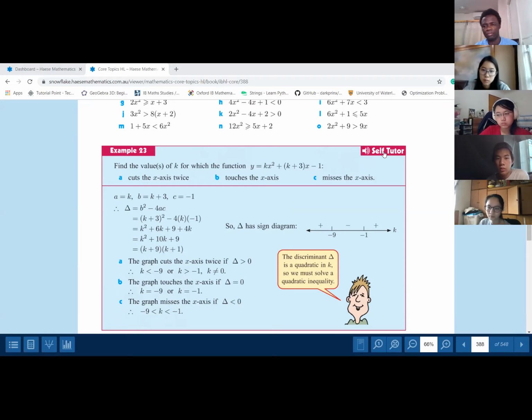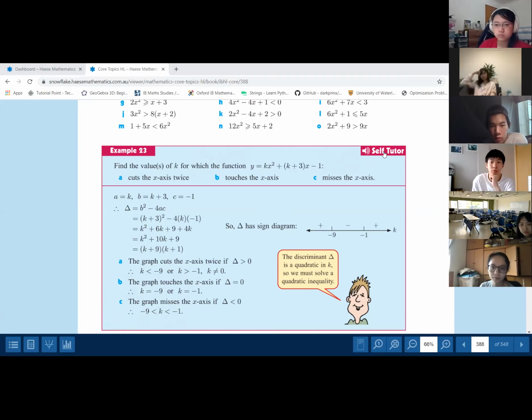In this example, we are given a quadratic function whose coefficients include an unknown number k. In fact, this value k appears twice. We seek the values of k for which the function has 2, 1, and no x-intercepts. Since the discriminant tells us the number of real roots of a quadratic equation, it can quickly tell us the relationship between the graph of a quadratic and the x-axis.